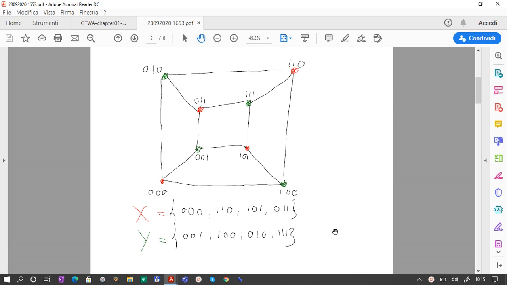That given any edge, one of the ends, one of the two vertices it joins together, has in a certain position, say position i, a 0, and the other end in exactly the same position i has 1. And for all positions from 1 to k except i, they have exactly the same numbers.